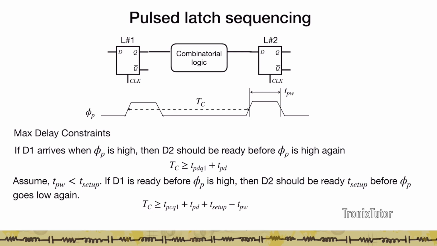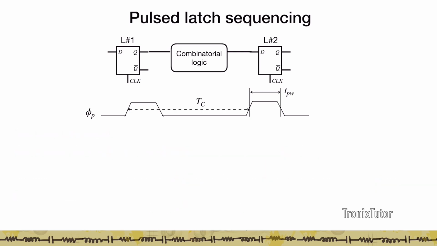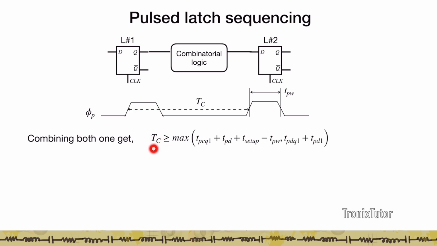And so you have two conditions for the clock time period, depending on how you choose to place D with respect to the clock pulse. And so your time period of the clock is going to be limited by the longest path between the two, so Tc is going to be greater than or equal to the maximum of these two conditions.